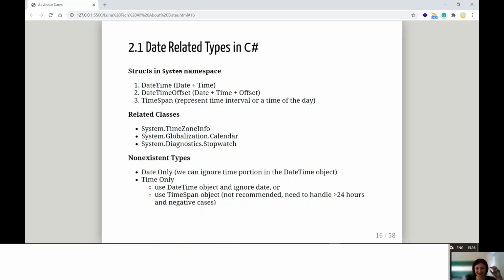You can only get the DateTime and then get the date from that. And we don't have time only. So sometimes people need to still use this thing and ignore the date, only get the time, etc. Or use TimeSpan. But in that case, you need to be careful to handle the more than 24 hours and negative values cases, because TimeSpan is not actually the hours in days.